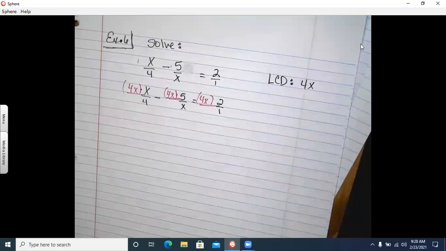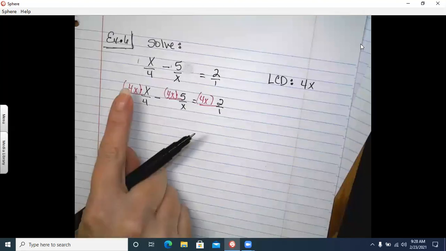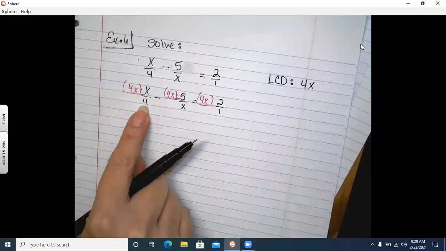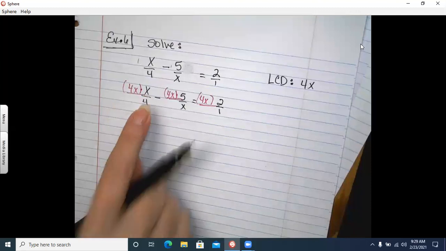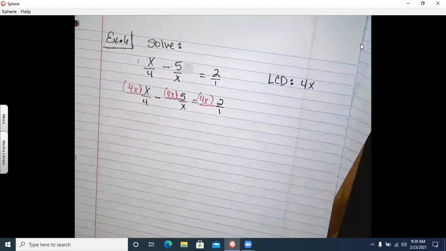So remember, when you are reducing a monomial with a monomial, you can just reduce part of it. It's different than a binomial. Binomials are all or nothing, but these are a bunch of monomials. So I could do 4 times x first, and then divide it by 4 and reduce, or I can reduce before I multiply, which I think is easier.